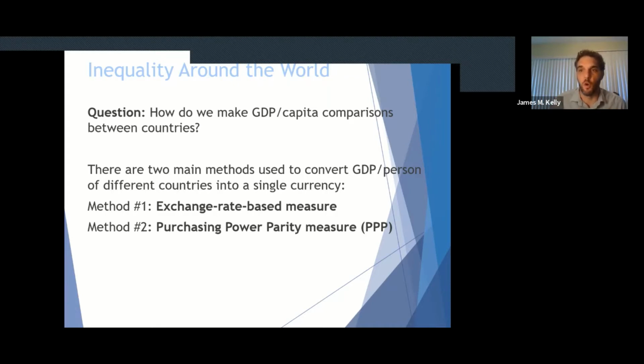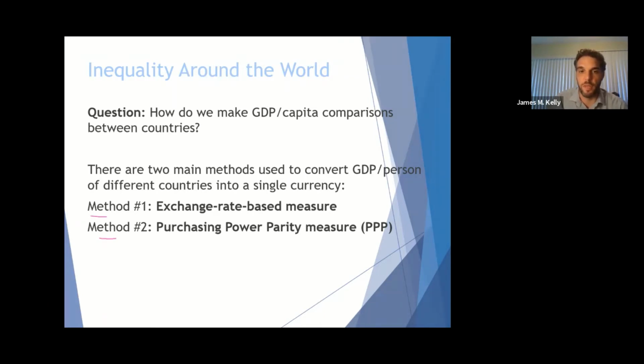We need a conversion to be able to compare one country's currency and macroeconomic variables to another country's macroeconomic variables. So the two different ways we do this are through the exchange rate method and something called the purchasing power parity, the PPP, we'll call it, to make things easier.